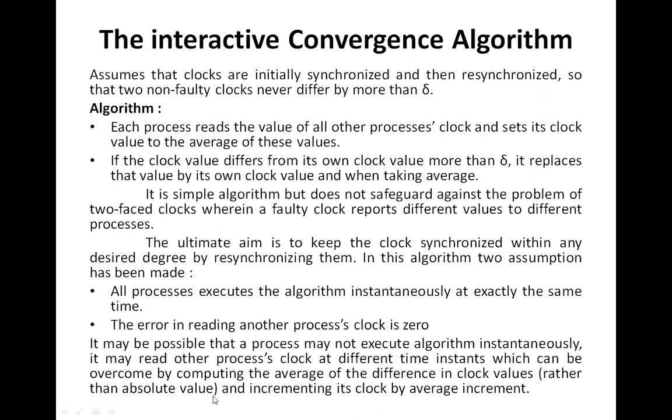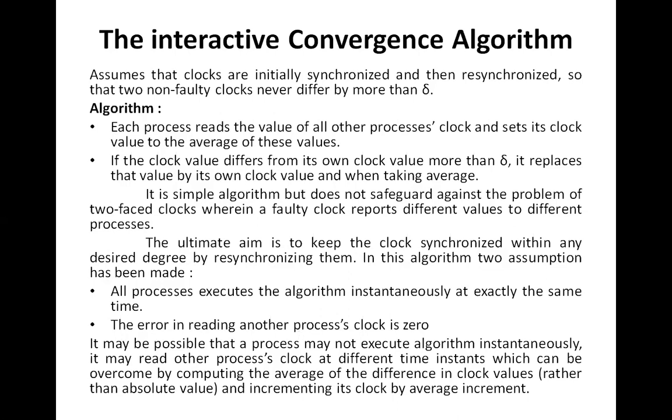So instead of taking the absolute value, we take the average of the difference in the clock values and increment our own clock by the average increment. So whatever difference has come is added to its own clock value to update its clock.